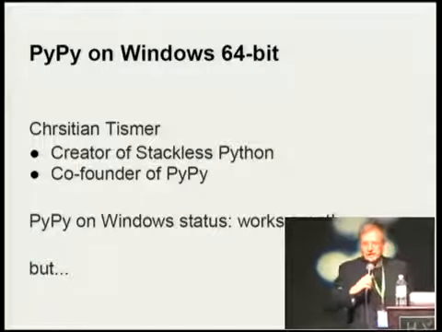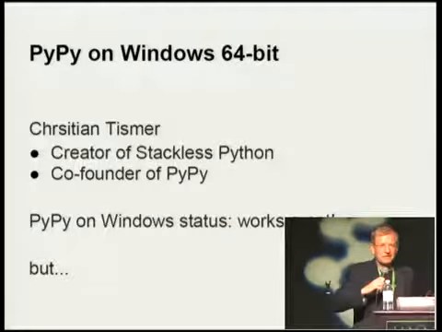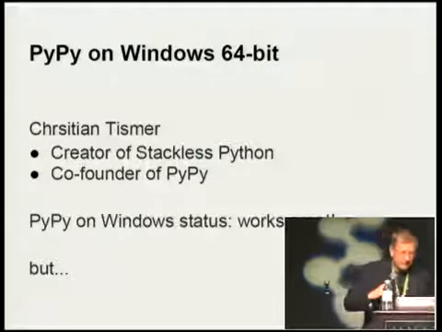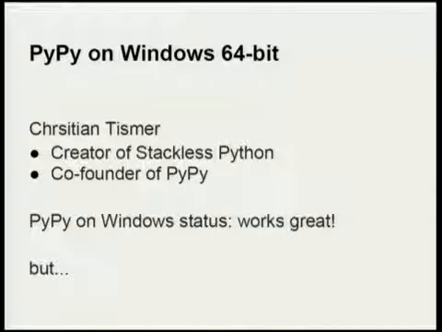I'm intruding into Brian's nice talk just to tell you a little bit about what's going on with Windows. I'm working right now on PyPy support for Windows 64, and there are a couple of problems with that, and I just wanted to mention the problems where I'm kind of stuck and I need some people to help, and that's the reason why I take the chance to talk about that.